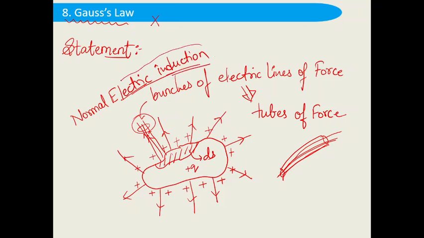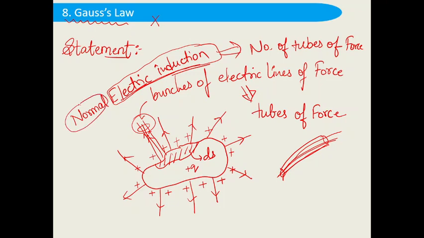Why is this called as normal? Normal means perpendicular. So since these tubes of forces are perpendicular to the surface of the conductor, we say this is normal electric induction. And the short form is NEI.